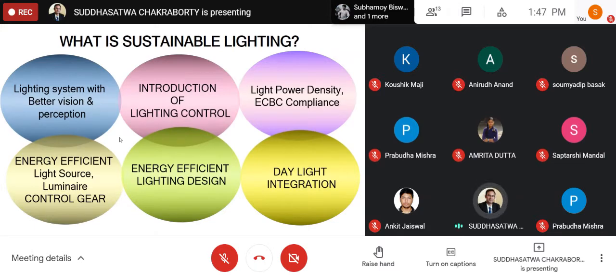You will be quite well aware of the term sustainable design. Every time today we are referring to it. Here, mostly, energy efficient light source, luminaire and control gear. That means if I select a very efficient light source but do not select the ballast or the control gear igniter accordingly, it is not enough. In our homes today we are becoming alert.